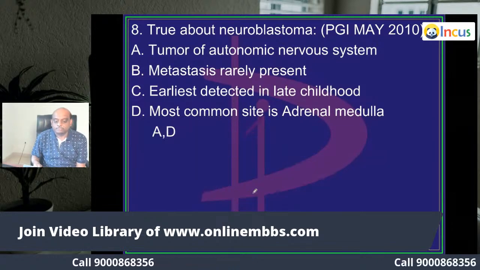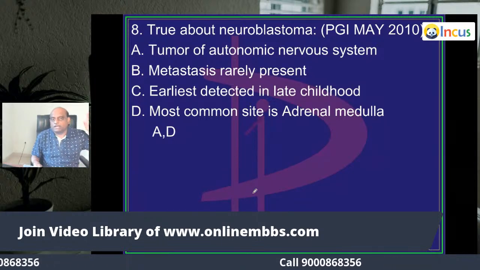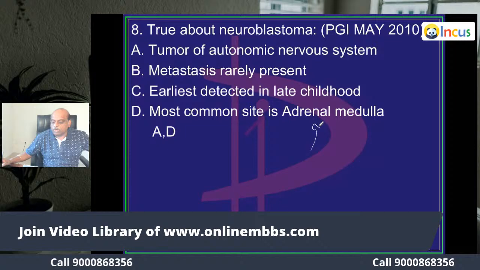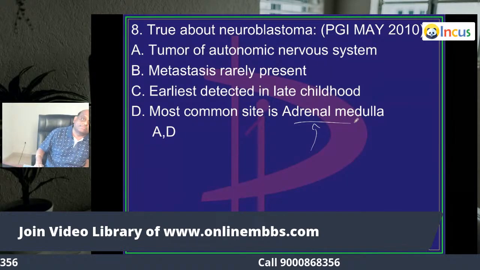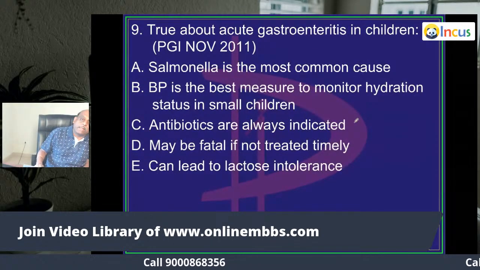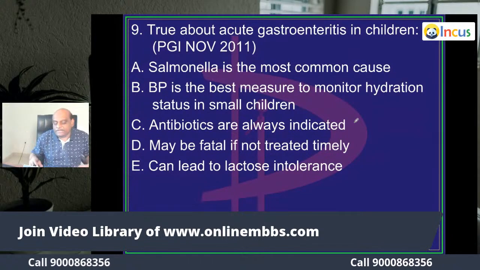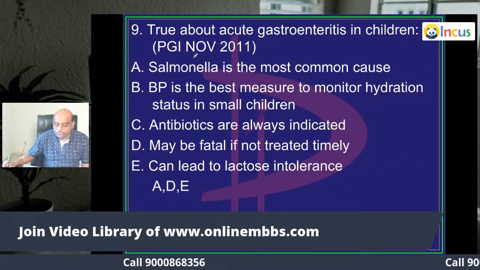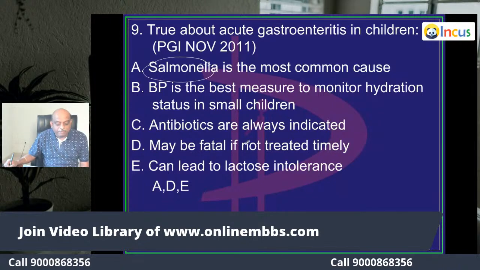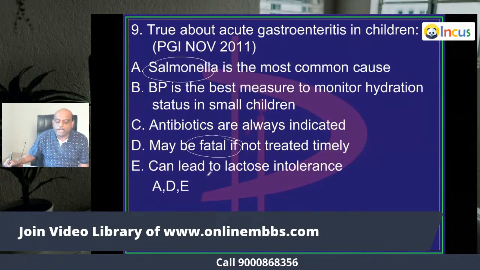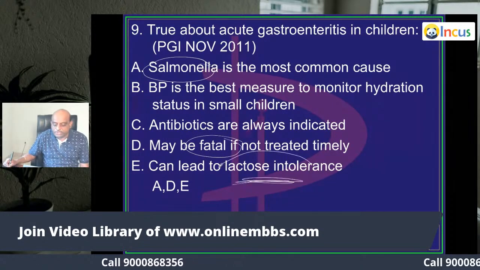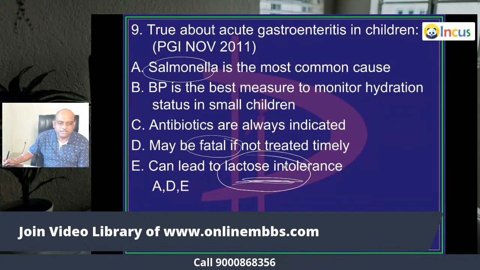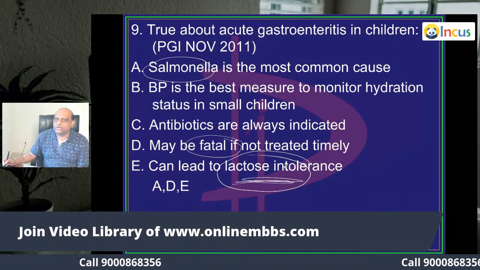Now, neuroblastoma is a tumor of the autonomic nervous system, and the most common site is the adrenal medulla. Acute gastroenteritis in children: Salmonella is the most common cause. It may be fatal if it is not treated on time. It can lead to lactose intolerance. Very important: after gastroenteritis, the children become lactose intolerant.